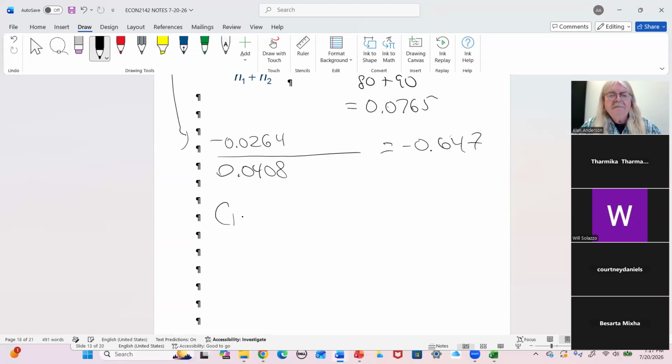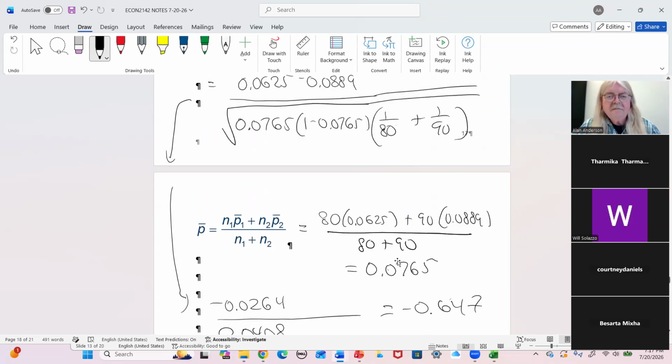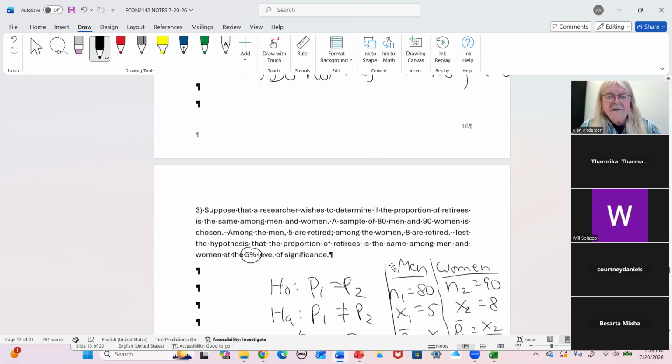So it was a two-tailed test. So alpha was 0.05.